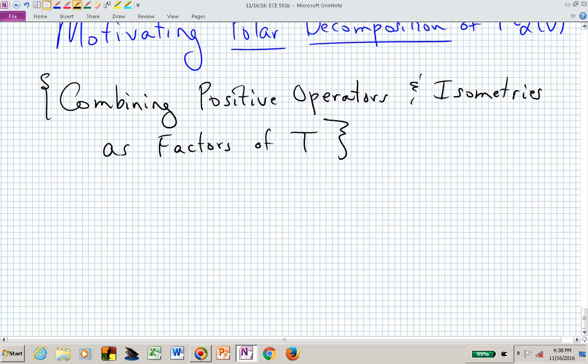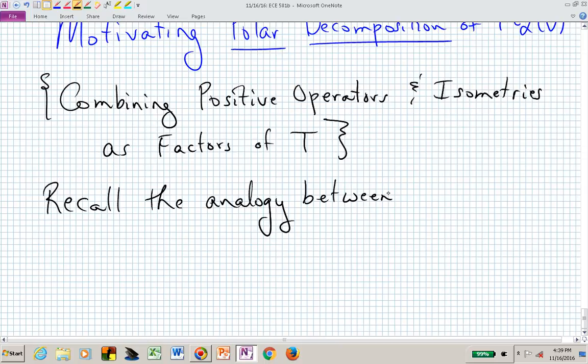That's a way of factoring, but now in terms of complex numbers, we are actually going to factor a complex number into polar form, where it has a magnitude and an angle. Or recall the analogy between numbers and operators.